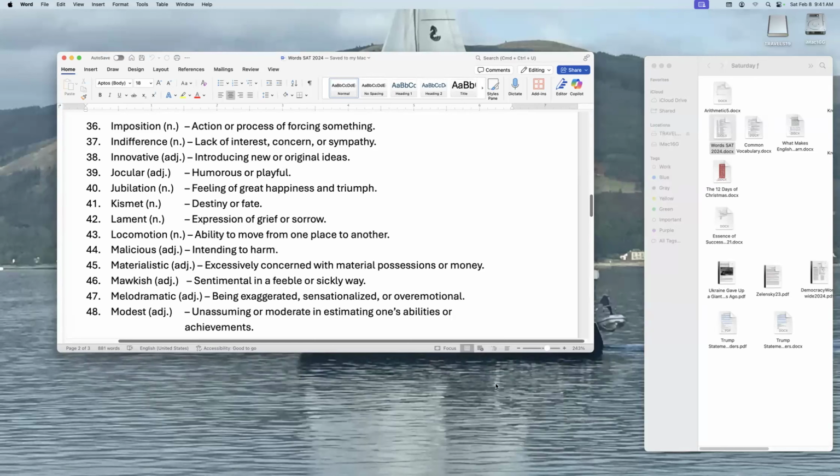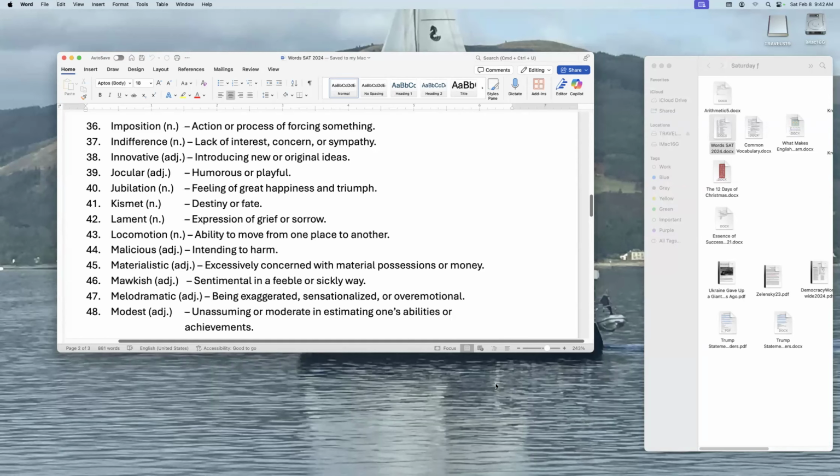Imposition. Imposition. Indifference. Innovate. Innovative. Jocular. Jocular. Jubilation. Kismet, lament, locomotion, malicious.